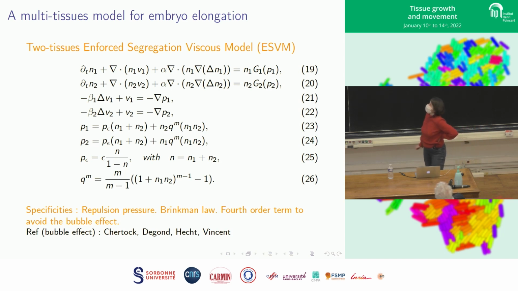The bubble effect is when you have initially mixed densities, and you would hope that they would form two connected sets, let's say in 1D. But if it's mixed, instead of two big sets, you may have little bubbles like this. So alternate a very small portion of n1, then n2, n1, n2, and you want to avoid that. And the presence of alpha was shown to avoid this type of effect, in the paper of Chertock, Degond, Eschenbach.